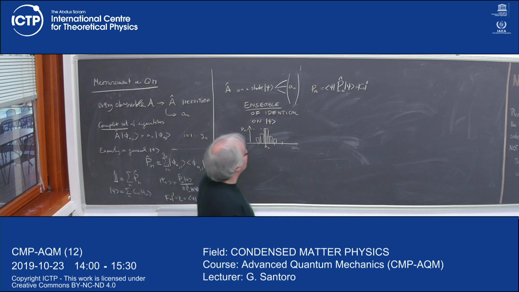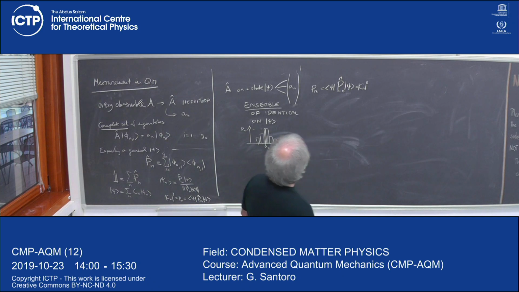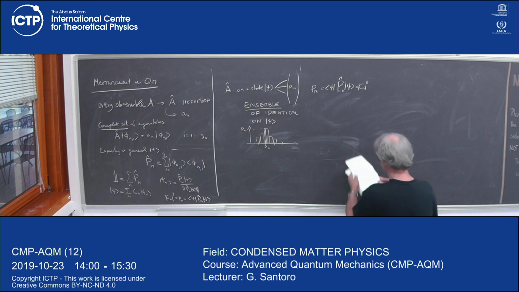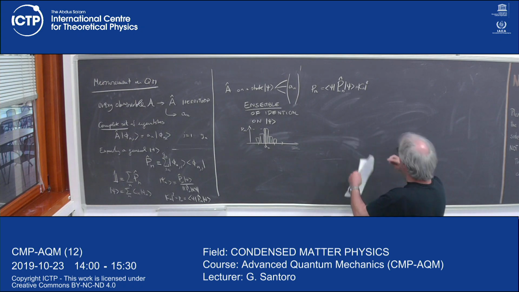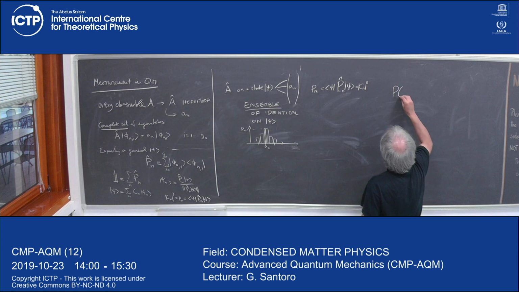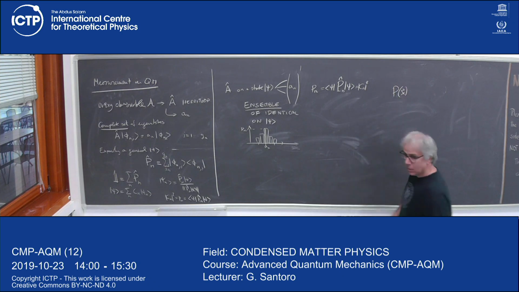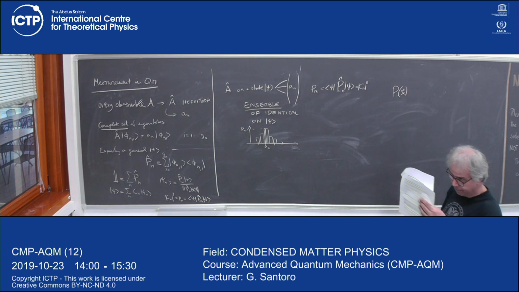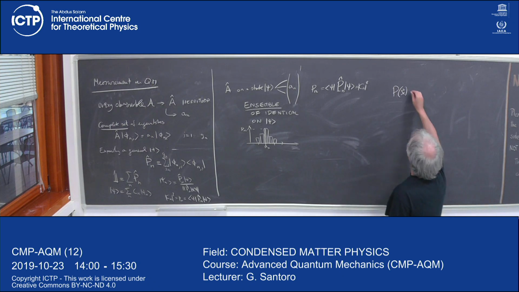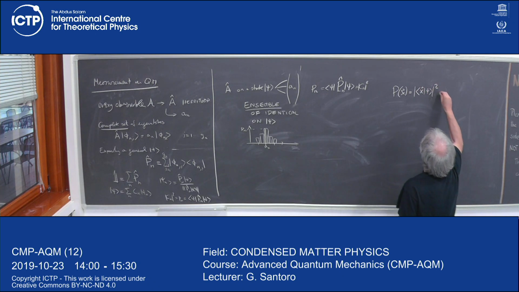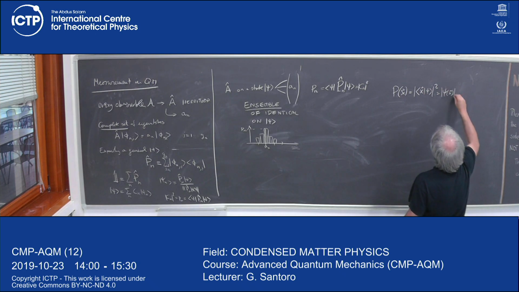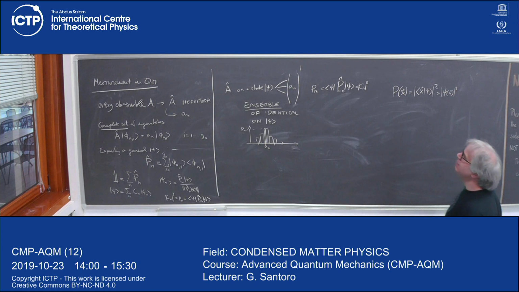Now, this generalizes to an arbitrary operator what we already said about position. If you remember, we said that the probability density of measuring the particle at position x was psi modulo square, which is simply the wave function of x modulo square. Why is this the same thing?